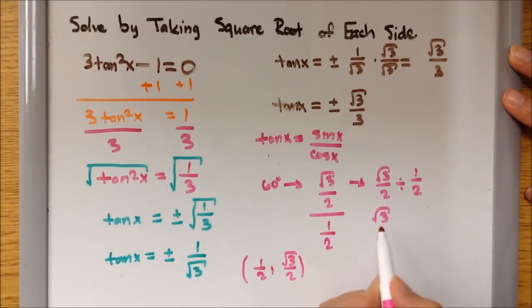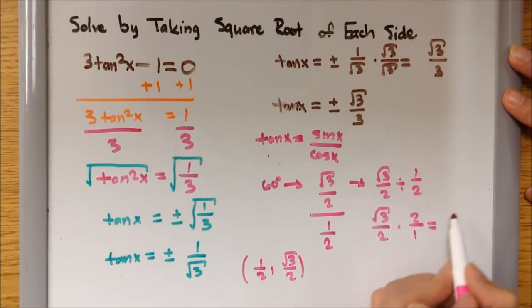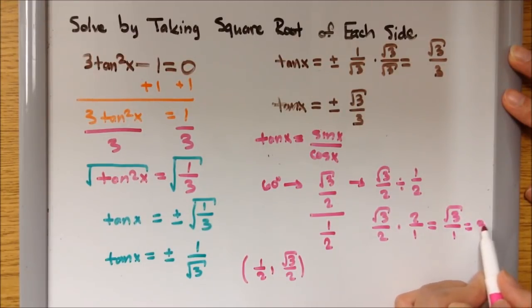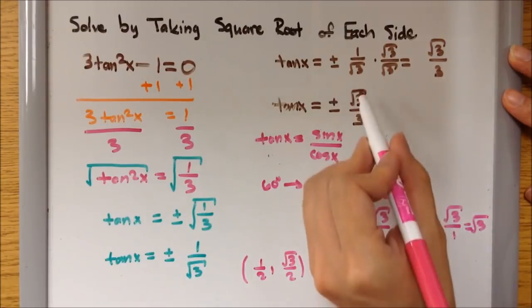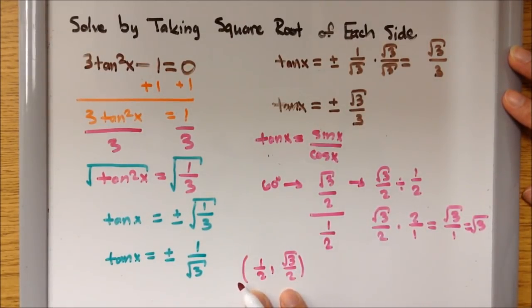Then multiplication, which will simplify into square root of 3 over 1, which is square root of 3. Now that does not match with that. So we're not going to use 60 degrees.